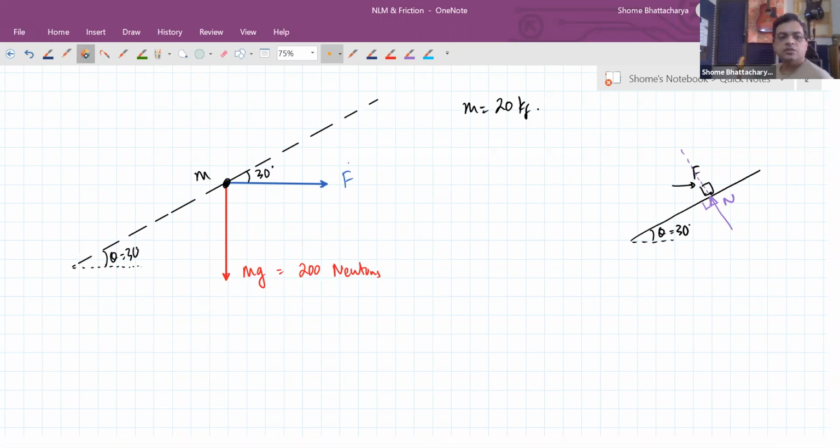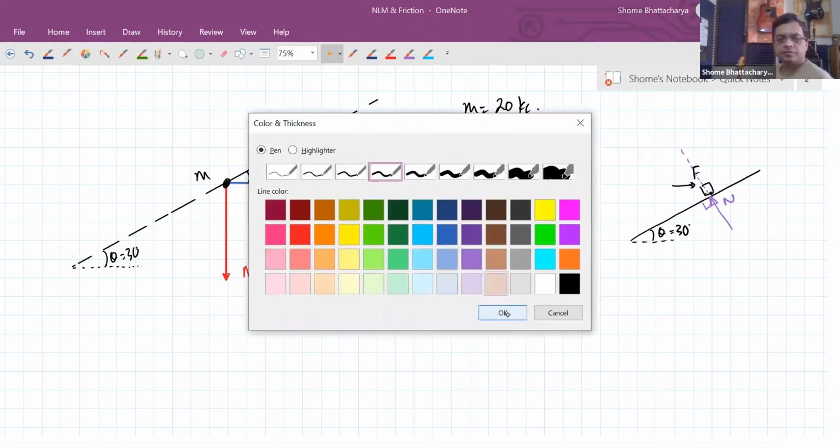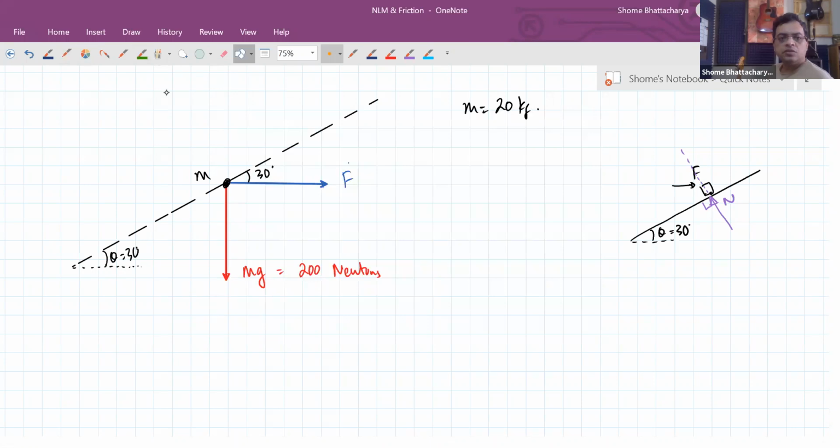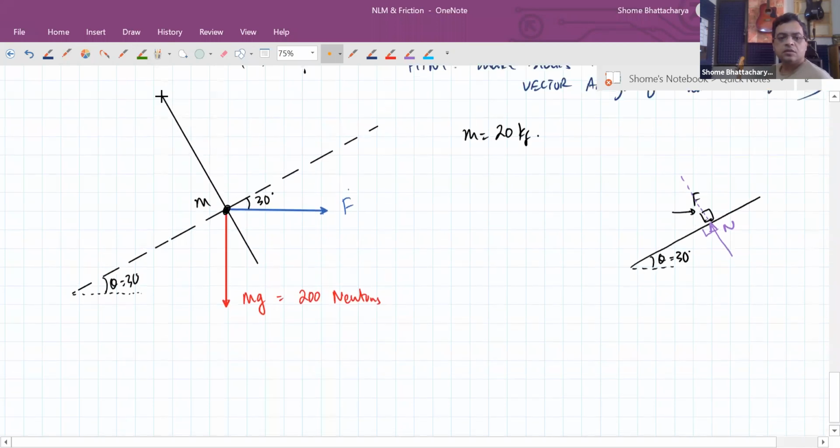Okay. Whereas if we draw another line which is normal to this axis, that line will look like this. Okay. So this is the axis which is perpendicular to the inclined plane. Okay. So this is the inclined plane's axis. Okay.